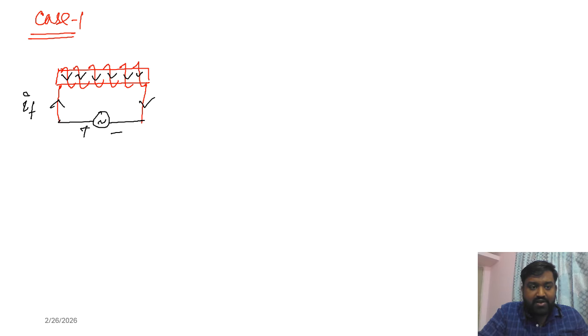The magnetic lines go from north pole to south pole. Therefore this terminal we can consider as a north pole and this terminal as a south pole. Here the current is going in, and here the current is going out.